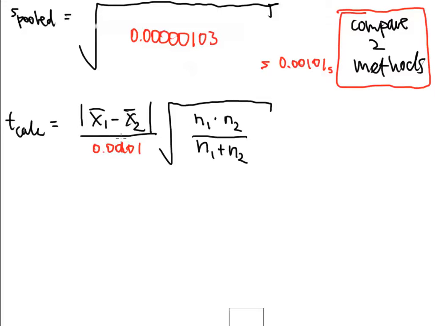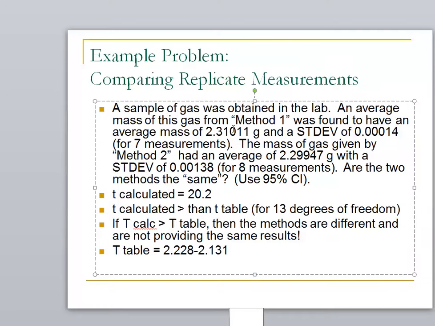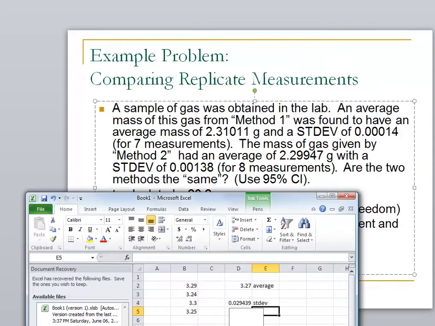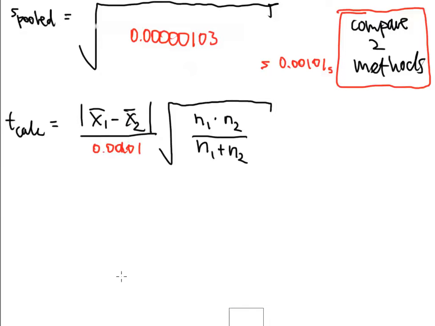Now the other pieces, what are those? My X bar 1, that is the average from the first method. So I'll go back to the problem, and it says my average was 2.31011.